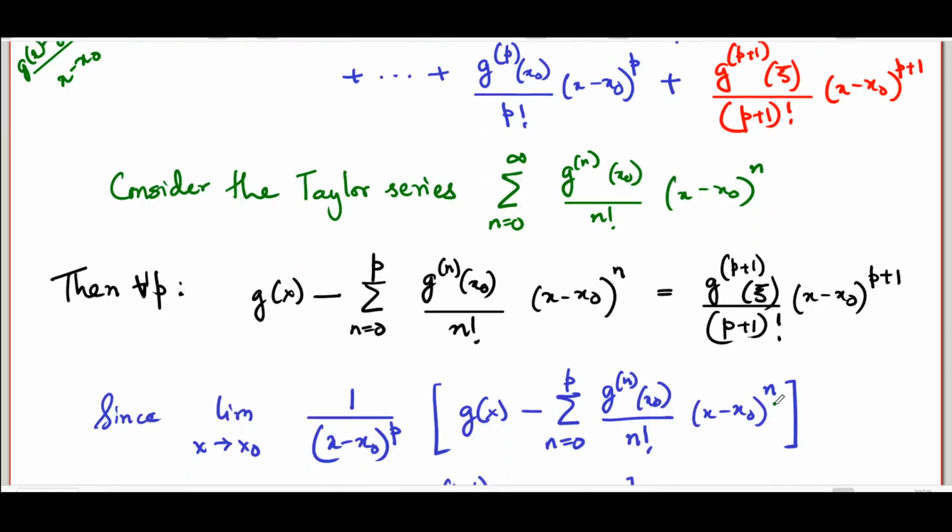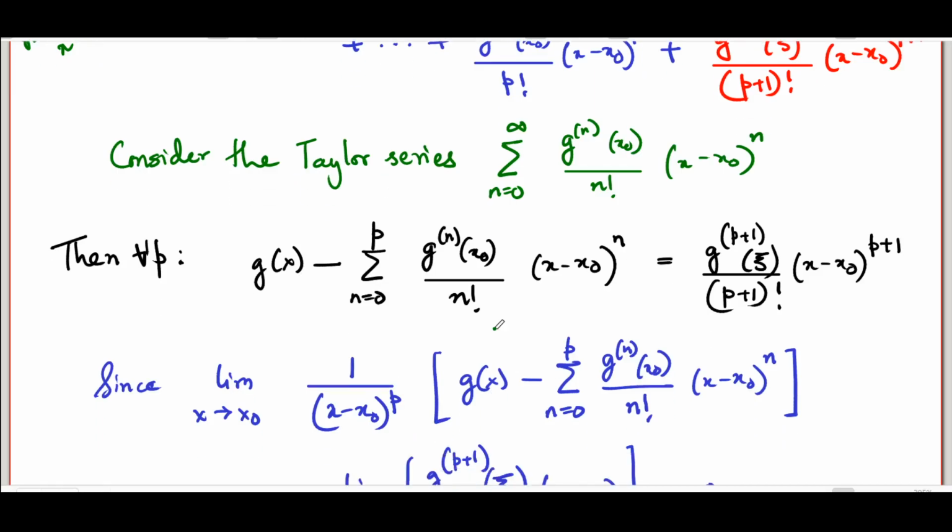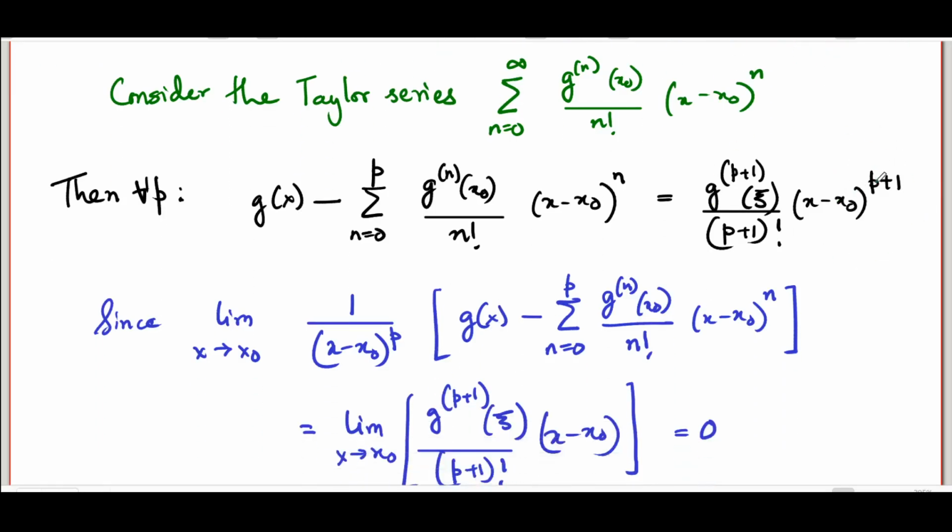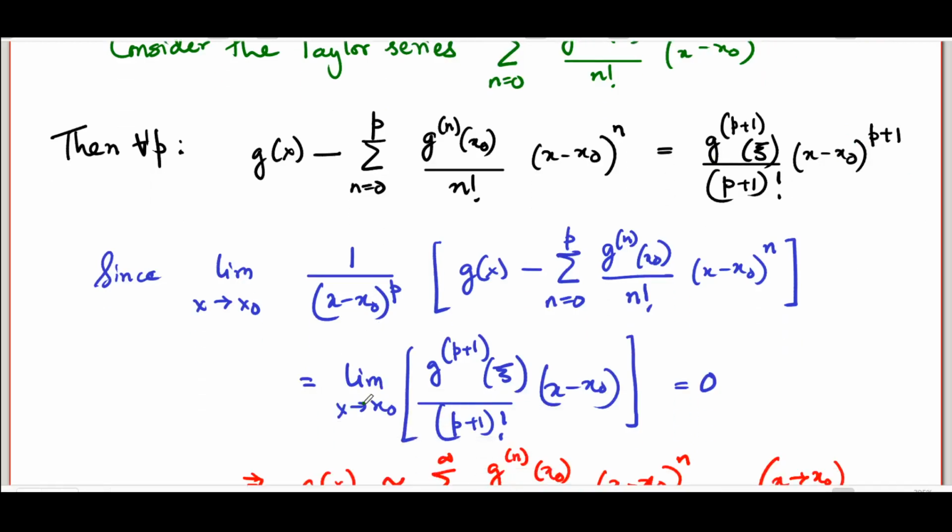And now, this is easily seen to be negligible compared to the last term that you are keeping here, that is (x − x0)^p, simply by dividing this difference by (x − x0)^p and taking the limit as x goes to x0.